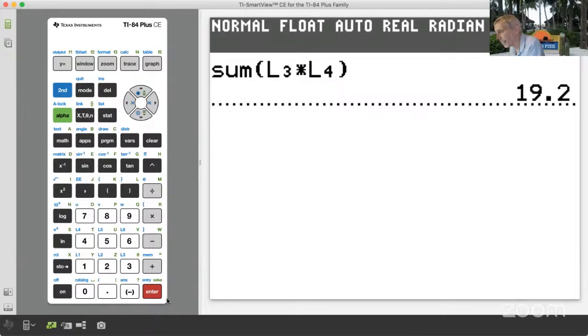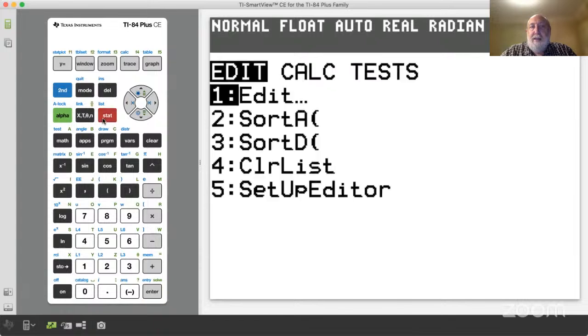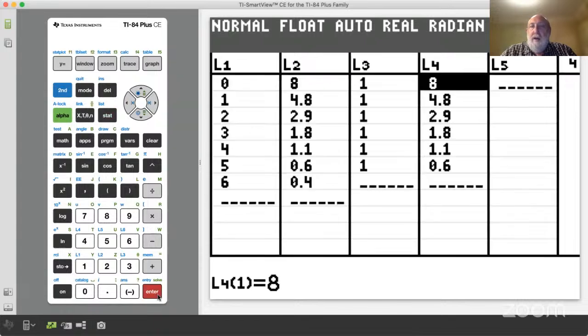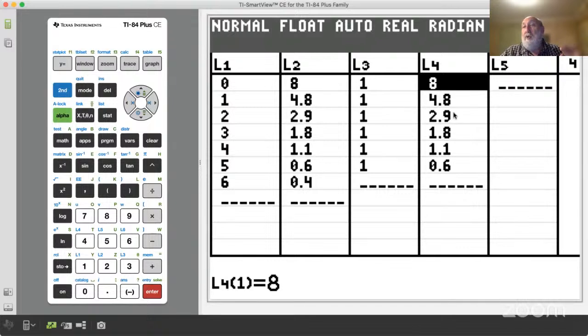Indeed. Looks good. And if I wanted to do a right Riemann sum, I won't go through that whole thing, but if I went back to my stat editor, I would copy L2 again, and this time throw away that very first value of 8, because I won't use that first left endpoint.